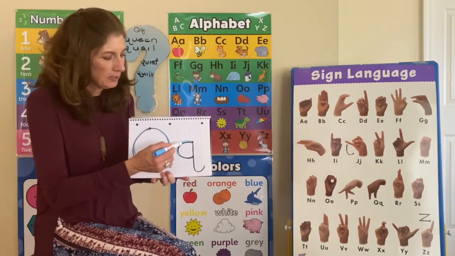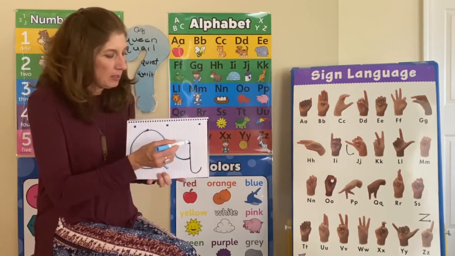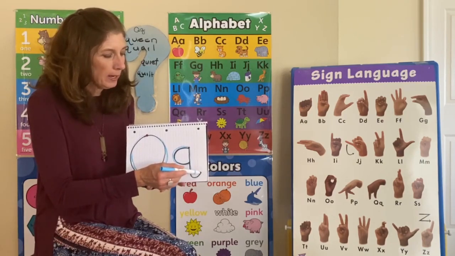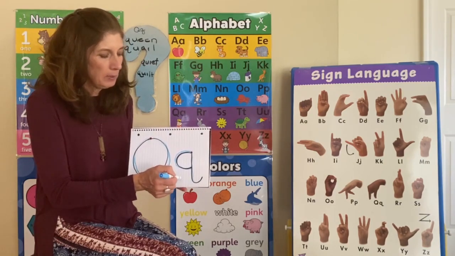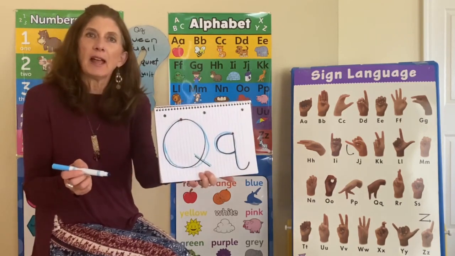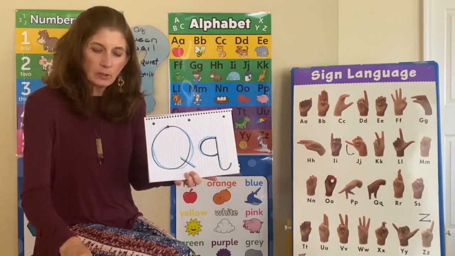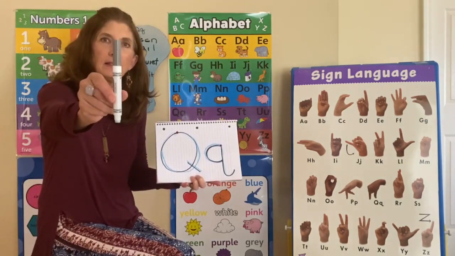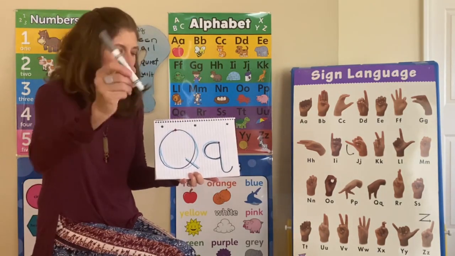It looks like the letter C, right? And then we go back to the dot and we make a straight line down. And then we go backwards. We don't go forwards, or that would be a G. And that's a Q. On this last one, let's say the letter sound as we write it. This is the color gray, right?